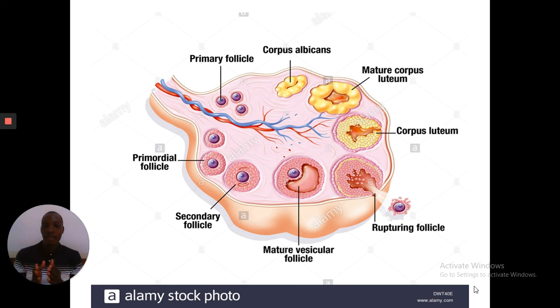Now, this is the ovary. Well, it is a diagrammatic representation. So you're going to have follicles. Remember we talked about follicles in the previous lecture, where we said one follicle is usually composed of many cells around one oocyte.